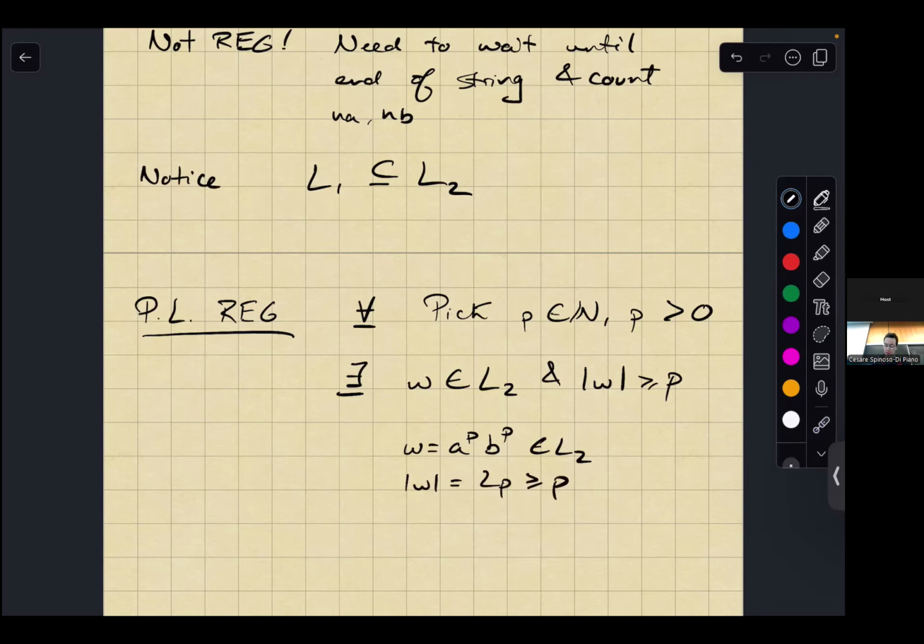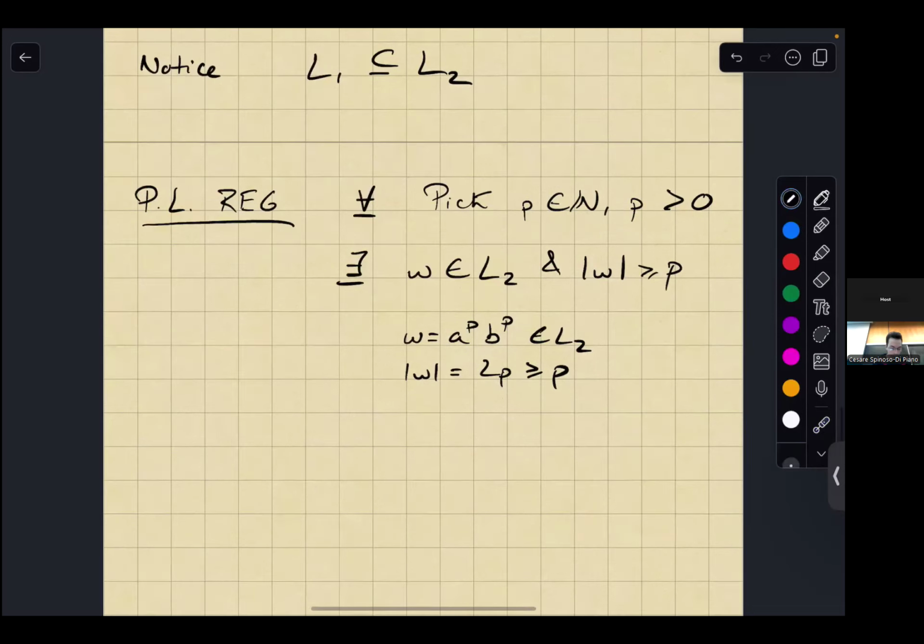Now, the reason why I picked a^p is because now I know that in the opponent's turn, when they go to decompose the string, they're going to have p A's and then p B's, right?